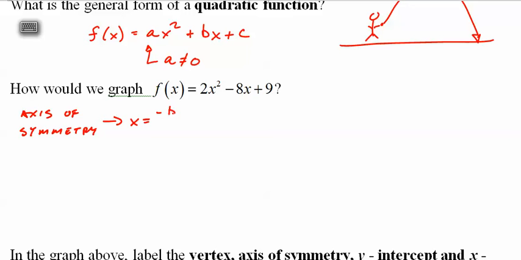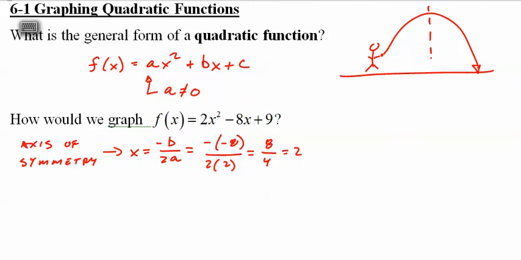And to do that, you put in negative b over 2a, which in this case is negative 8 over 2 times 2, which gives you 8 over 4 equals 2. So that's your axis of symmetry, and as you can see in this parabola above, axis of symmetry means that the sides are equivalent on either side of the axis of symmetry.